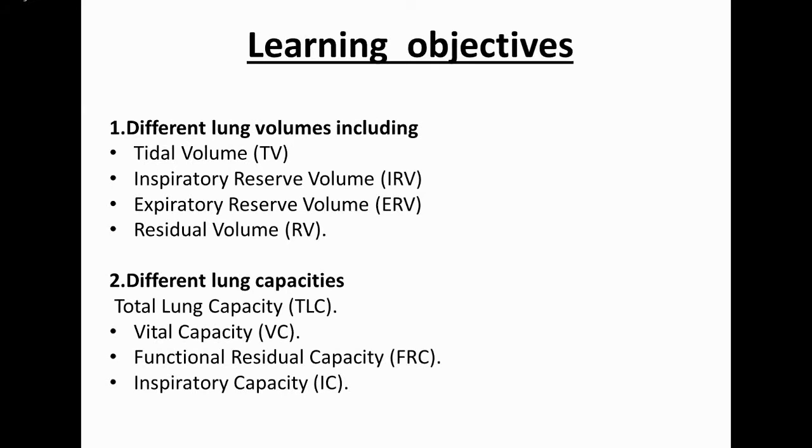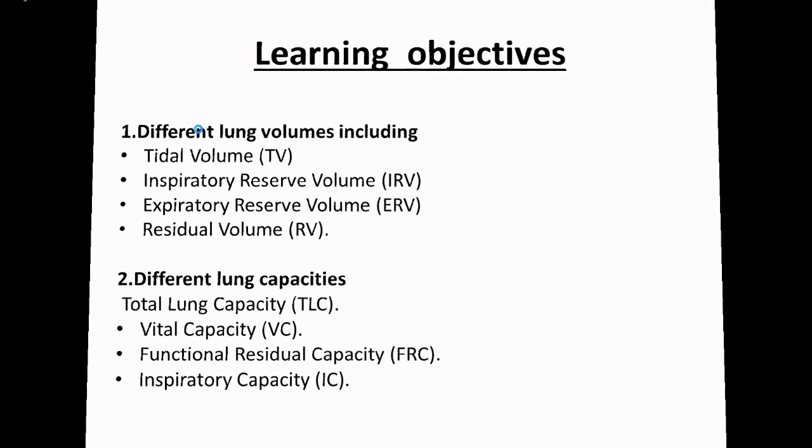Similarly, in assessing lung diseases, we have these different lung volumes and lung capacities: how much the lungs can hold air, and how much they can expire and inspire compared with the normal parameters. Okay, so let's study this.